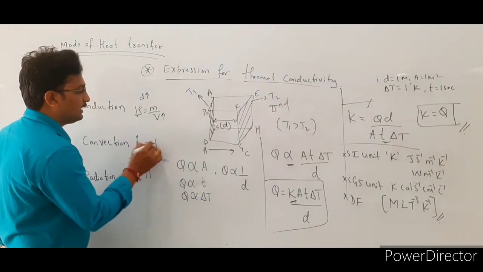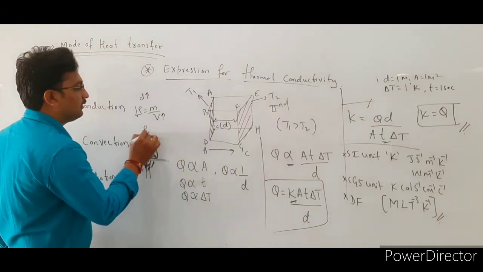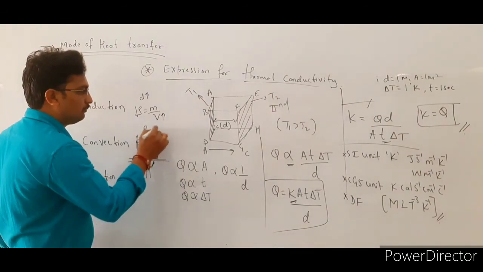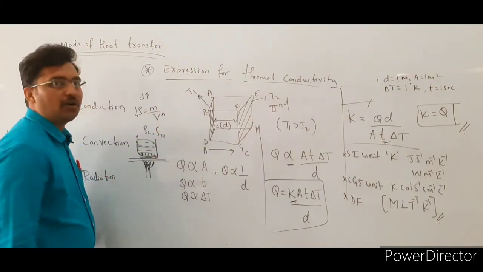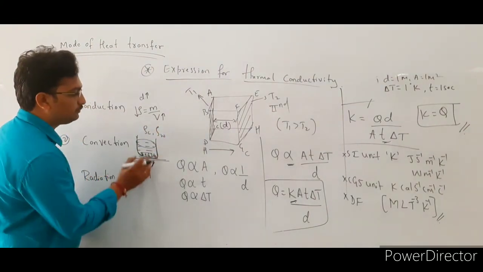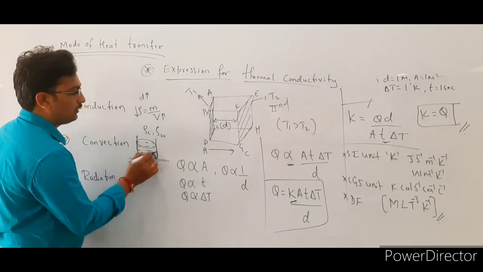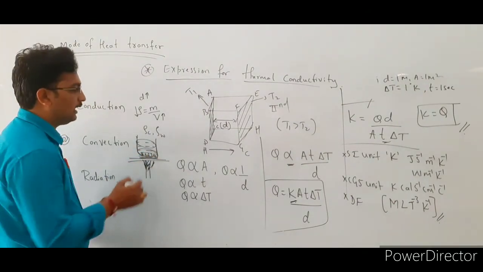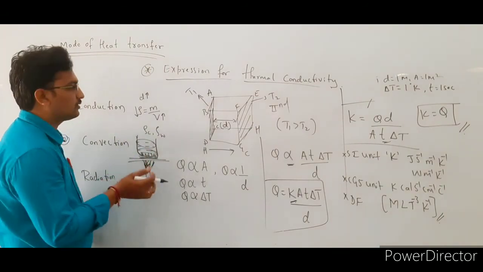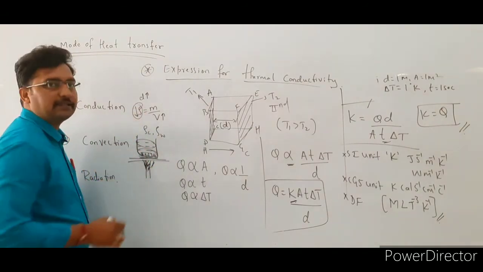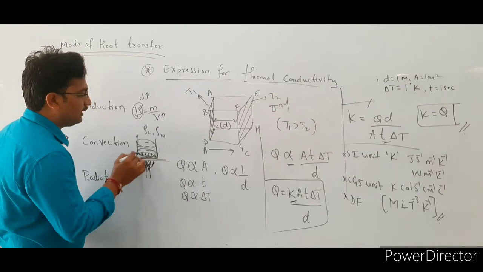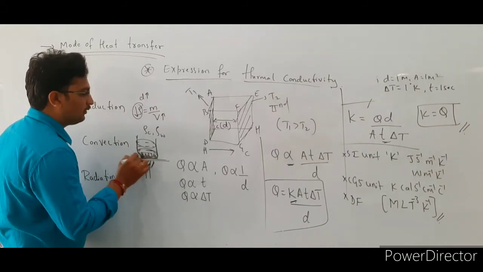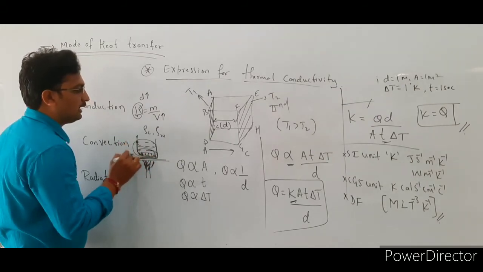So the density of cold water is more compared to the density of hot water. The lower liquid layer absorbs energy from the base of the beaker and its volume increases, so its density decreases, and this layer of liquid moves in the upward direction. The cold water, whose density is more than that of the hot water, moves in the downward direction and takes its place. So the heat is transferred from the hot end to the cold end with actual movement of the particles, with particles moving in the upper region and particles moving in the lower region.